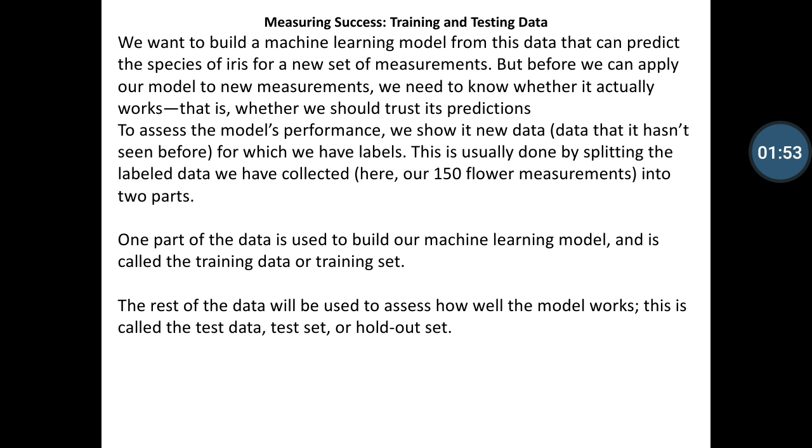One part of the data is used to build our machine learning model and is called the training data or training set. The rest of the data will be used to assess how well the model works. It is called the test data, test set, or holdout set.